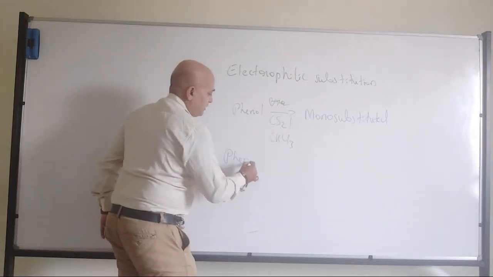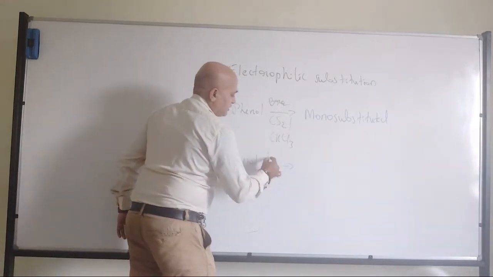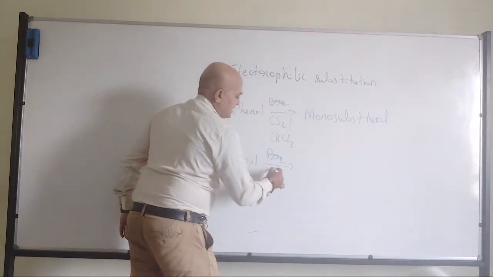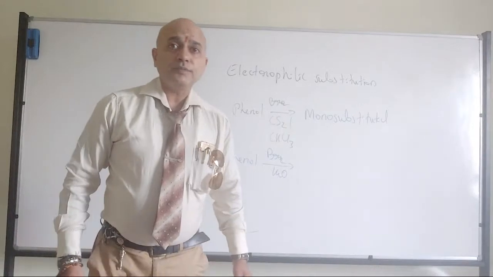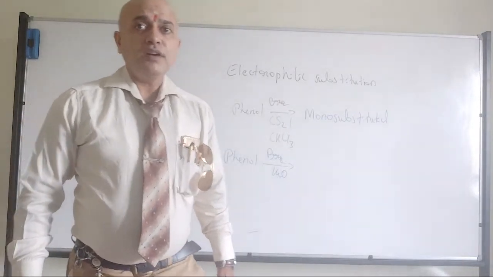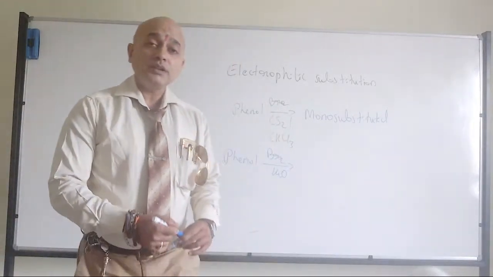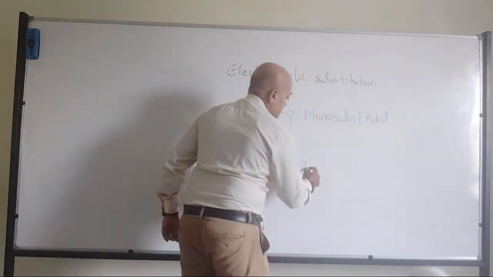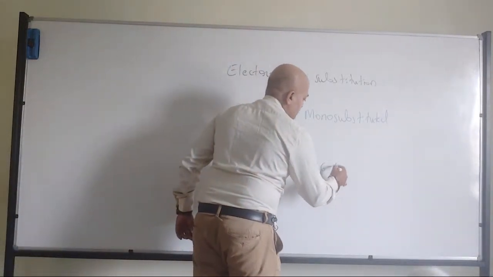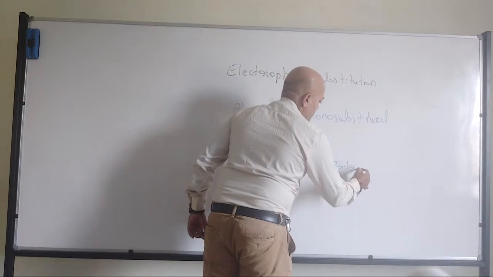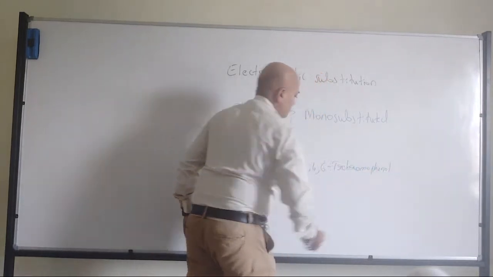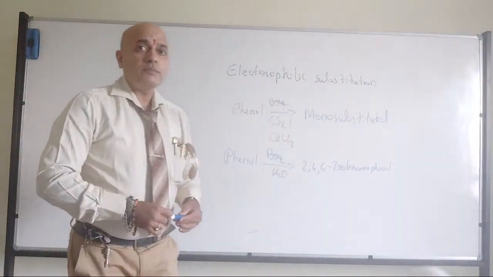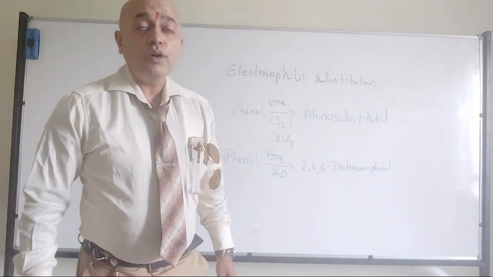Same phenol, if I treat it with bromine water, what will be the product now? When phenol is treated with bromine water, it will be 2,4,6 tribromophenol.